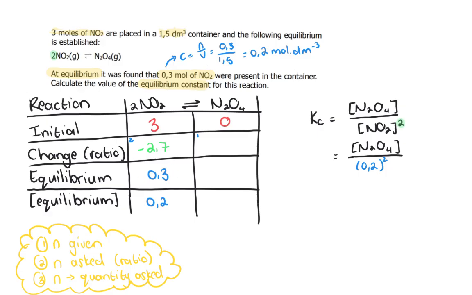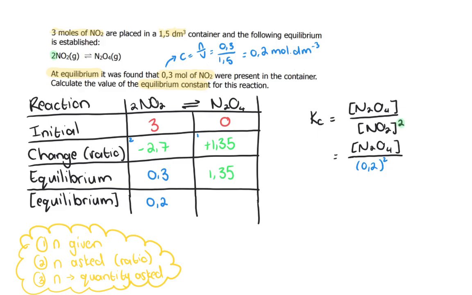And now I can use my ratios of 2 to 1. So if I used up 2.7 of that, half of that would have been formed. So 1.35 would have been formed, which means that if I started with 0 here and 1.35 was formed, then I have 1.35 at equilibrium.